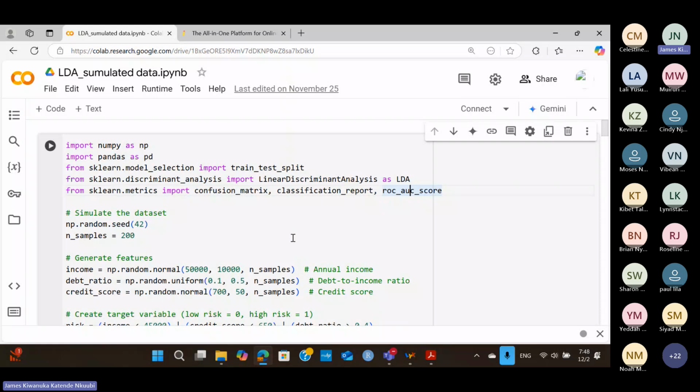So there are all these libraries that you need: NumPy, Pandas, sklearn. You need model selection, which splits the data into training and testing. You have the linear discriminant analysis.